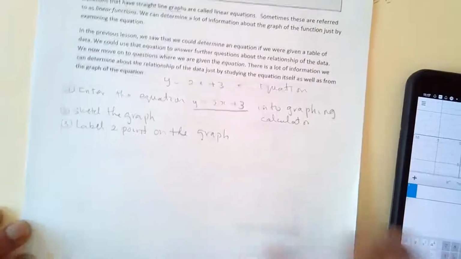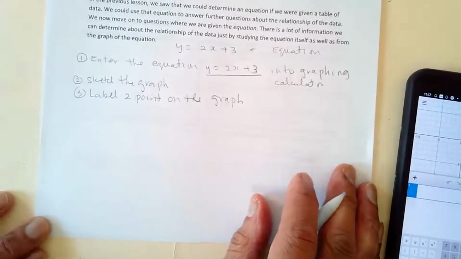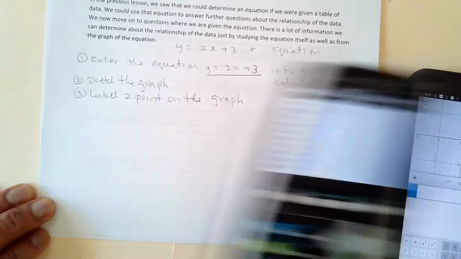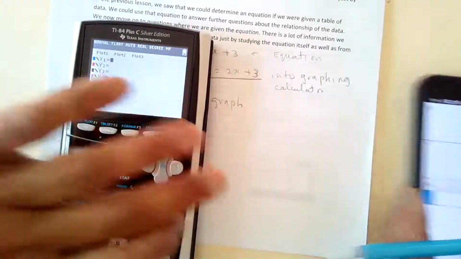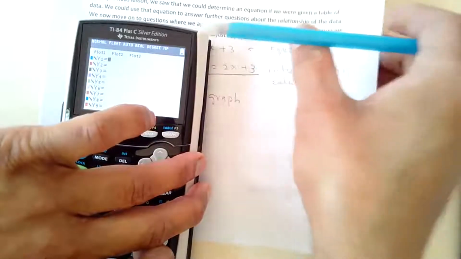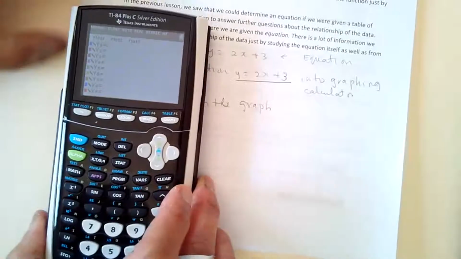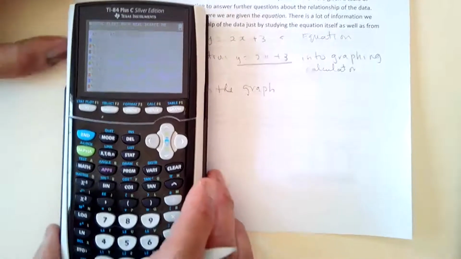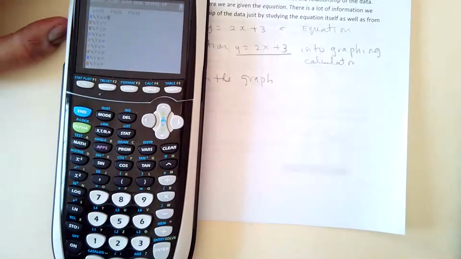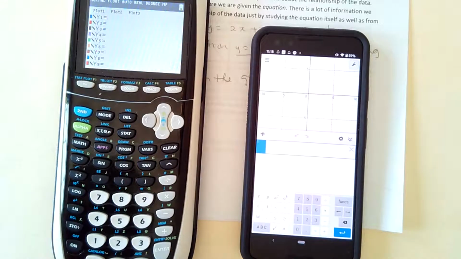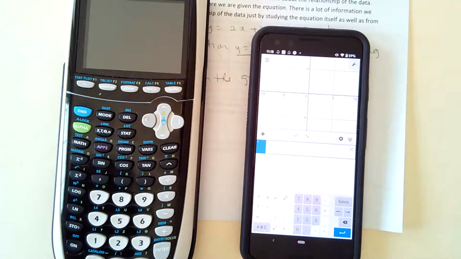So let's go ahead and try that. First we use the graphing calculator. My equation is y is equal to 2x plus 3, and here is my Desmos. Now, the first thing I do is, let's clear. This calculator is off, Desmos is on.